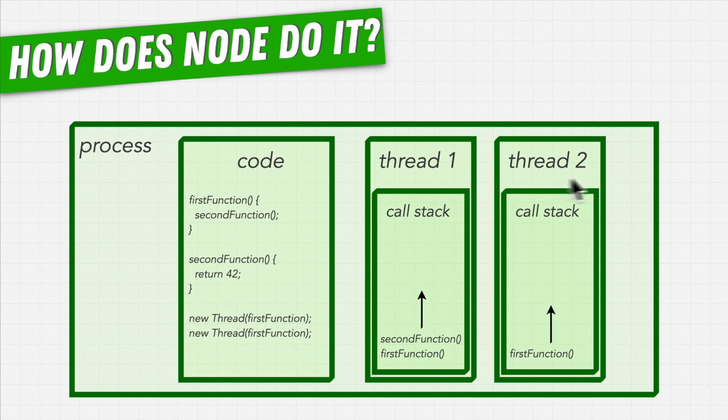In fact, thread 2 might even be executing a different function altogether. So it might call the second function directly, or even a third unrelated function. The point is, we have processes and threads inside of them, and they share memory and code, but not call stacks.